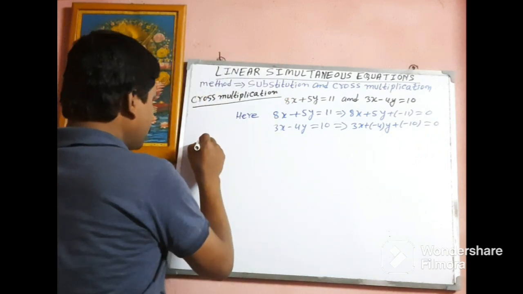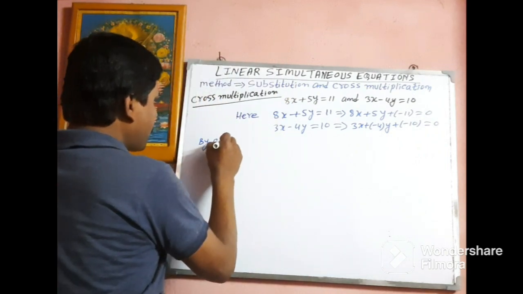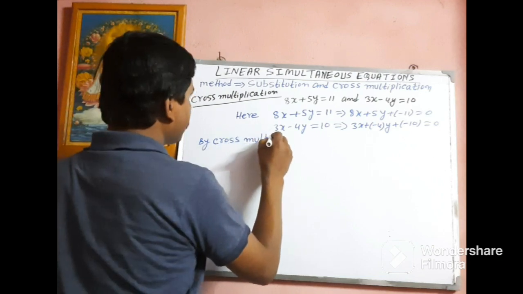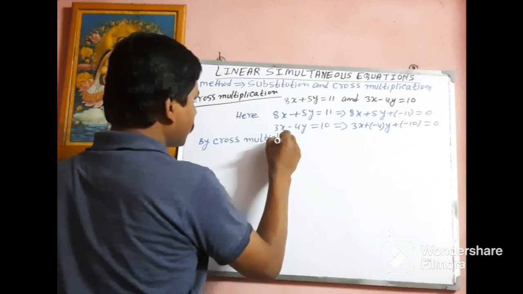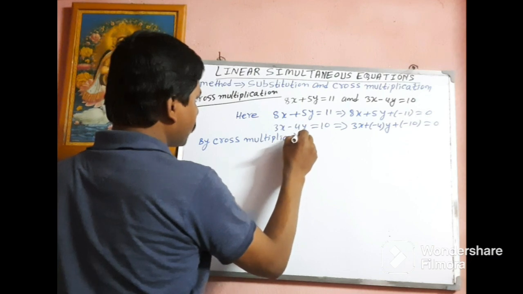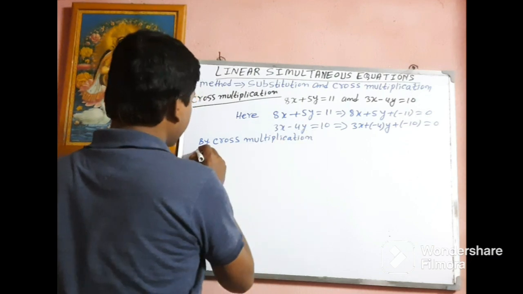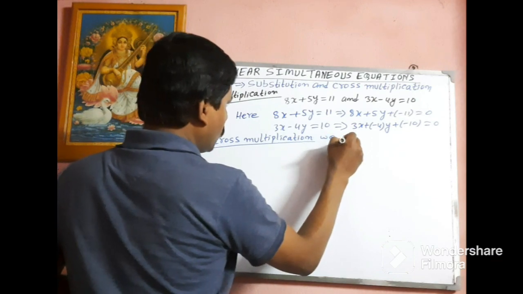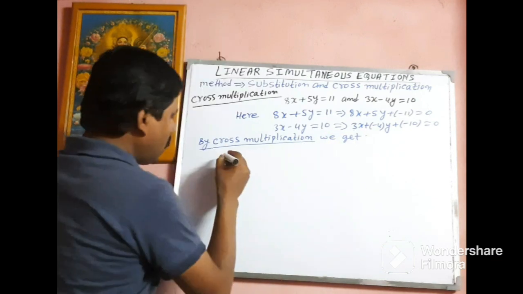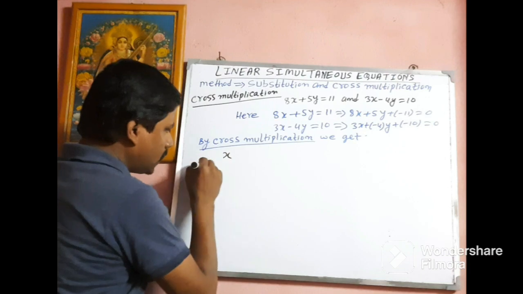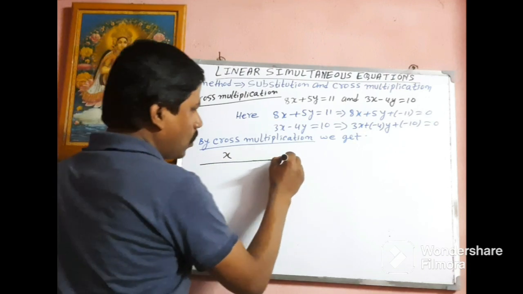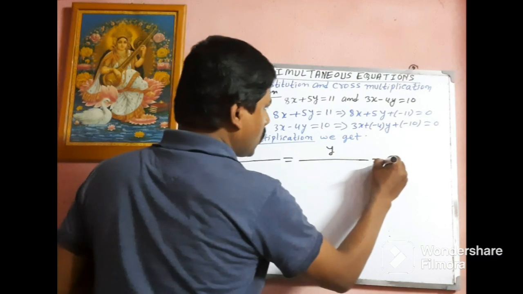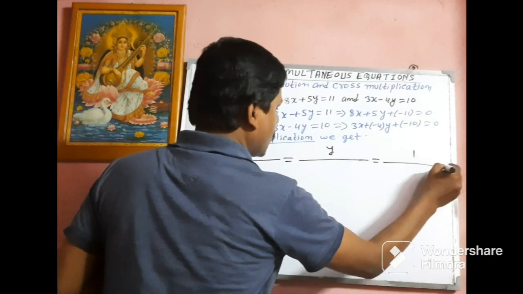By using cross multiplication, we get, if we put x here and now y, similarly the constant part is there.